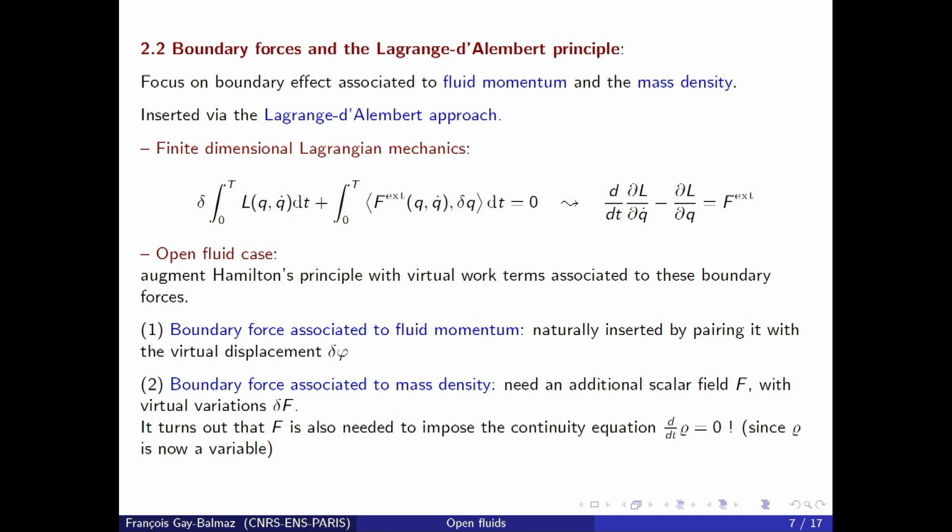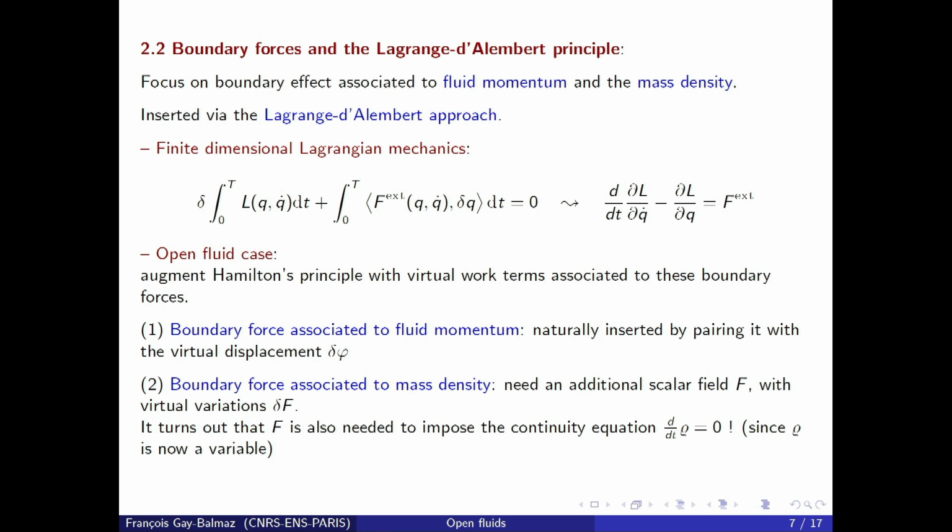It's very possible that mass is leaving or entering the fluid flow. So we need an additional scalar field, F, whose variations can be put here to be combined with some boundary force that we don't know yet. So we need some new scalar field F to be added.